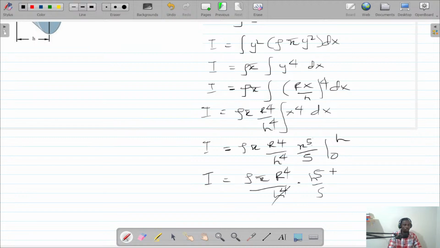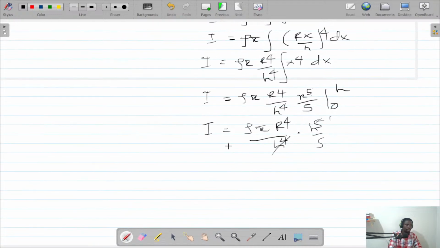So h power 4 cancels and it's left with 1. So that means I will be equal to rho pi r power 4 h all on 5.